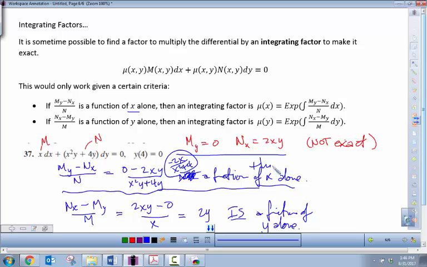So let's scratch that out and say, yeah, this would work. This works. Let me write it in a different color. If you want to use it, another different question. This works, but this is easier. Because 2y, I'd be happy to integrate that. I mean, you can integrate this one too, right?